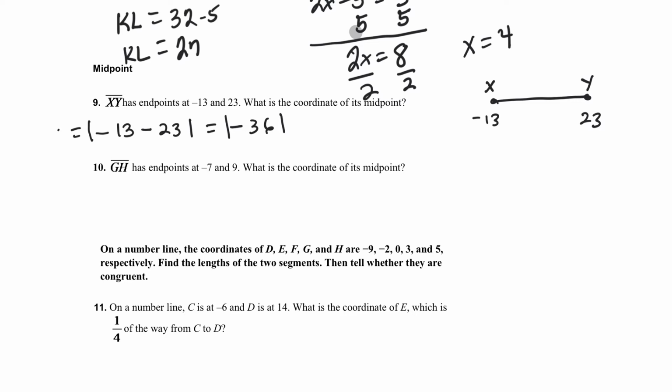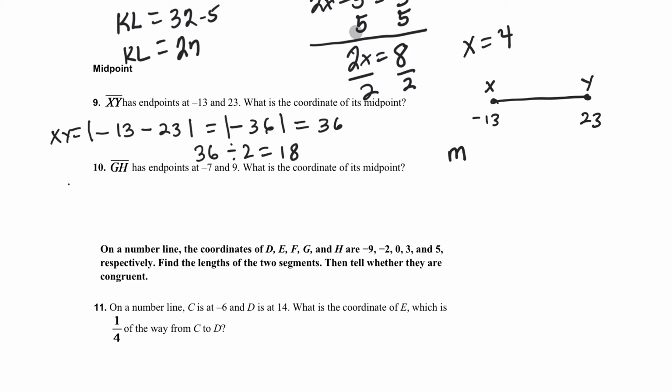And this is from x to y. So the distance is 36. Then we are going to divide the distance by 2, which gives you 18.